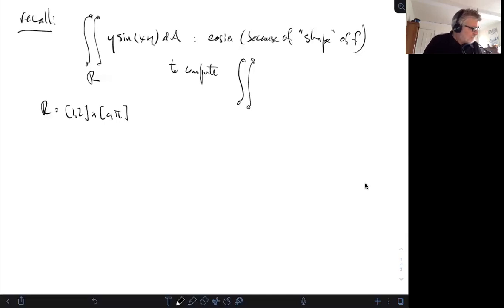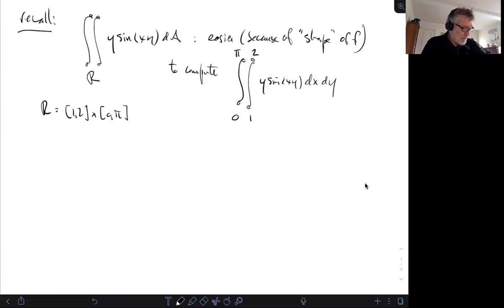And so it is easier to do it in this direction: integral 0 to pi, integral 1 to 2, y sine of xy dx dy.